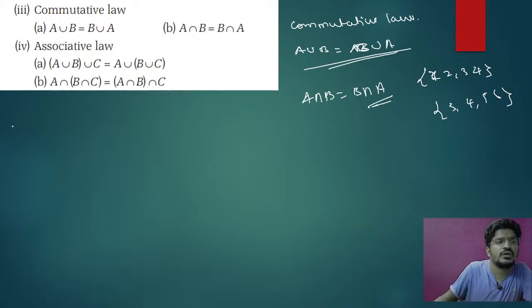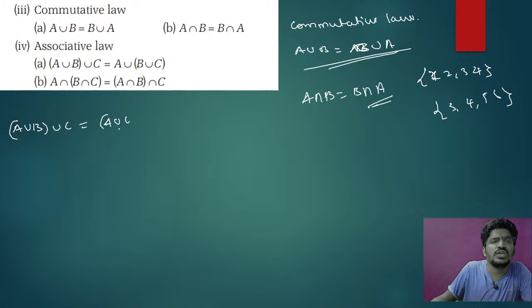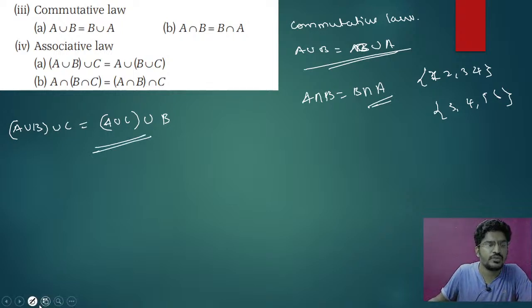Associative law means A union (B union C) will be equal to A union (C union B). Okay, I can write like this because it is associative.